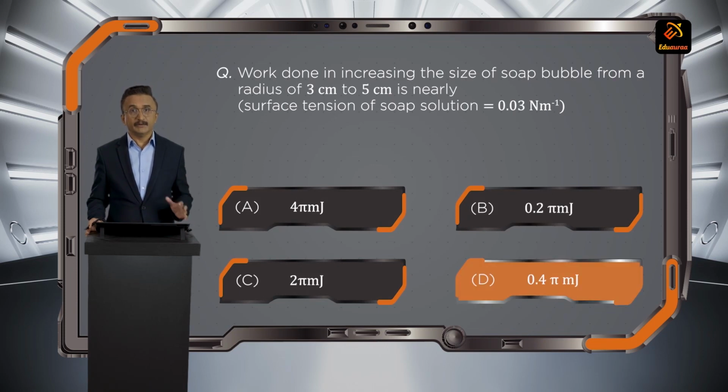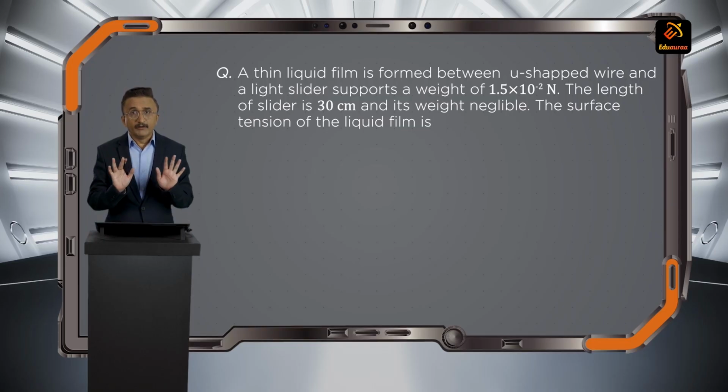So this question is very, very important. It's a 2011 question. So student, here we have the next question. A thin liquid film is formed between a U-shaped wire and a light slider that supports a weight of 1.5 into 10 power minus 2 Newton. See the figure. The length of the slider is 30 centimeter and its weight is negligible.